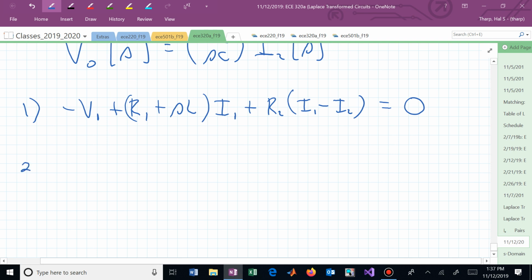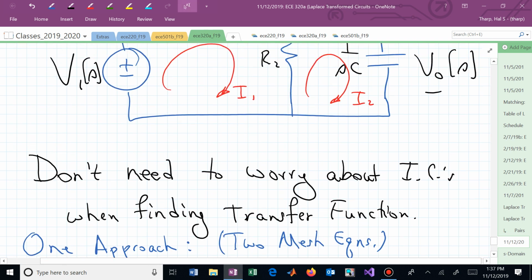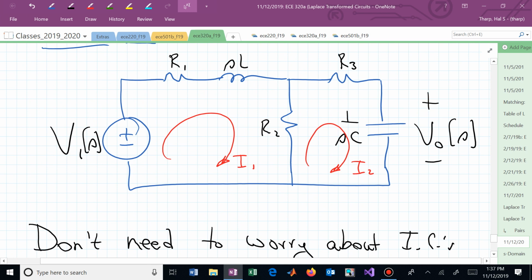The second equation, again, starting in the lower left-hand corner of that mesh, the drop in the direction of our mesh current analysis KVL equation, we're now going up. It's now R sub 2 times I2 minus I1 plus the other impedances times I sub 2.